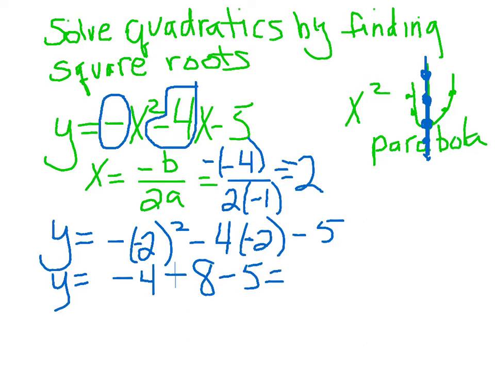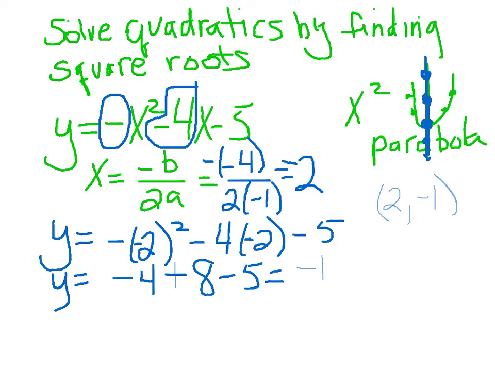Okay, so negative 4 minus 5 is minus 9. Minus 9 plus 8 is negative 1. Okay, that means our vertex is at the point negative 2, negative 1.